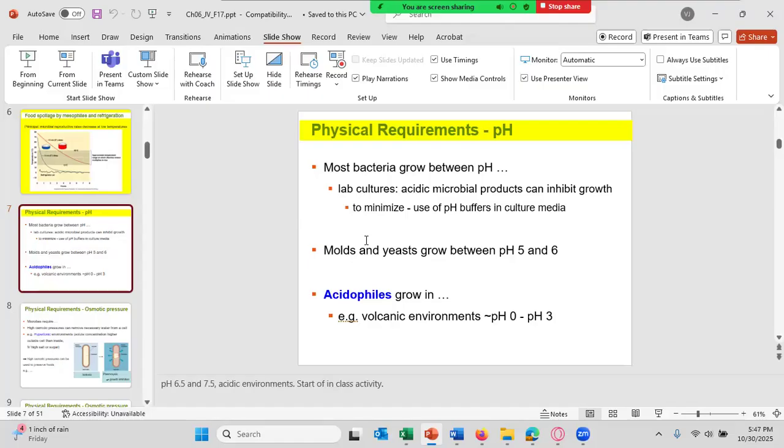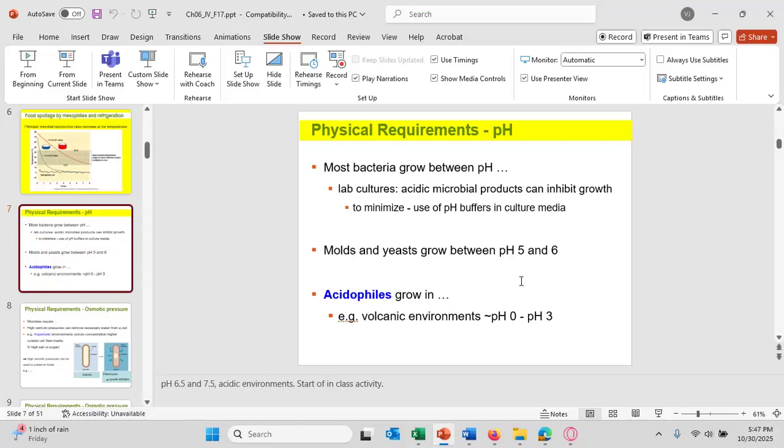Molds and yeast are a little different. They tend to grow best between pH 5 and 6, instead of 6 to 8. This could be a problem.